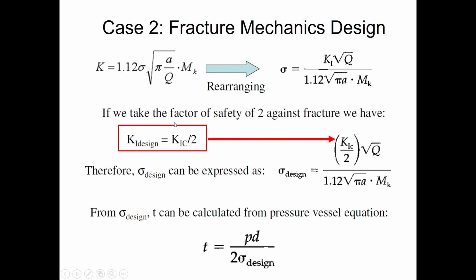So we just need to substitute this equation into this equation. So we'll get the final equation for the sigma design. From sigma design, T can be calculated from the pressure vessel equation, which is T equal to PD divided by 2 sigma design, just the same as what we did in the traditional approach.